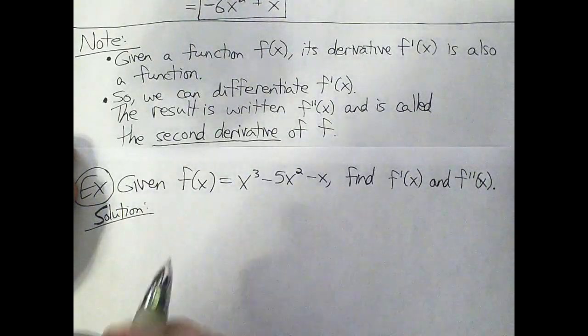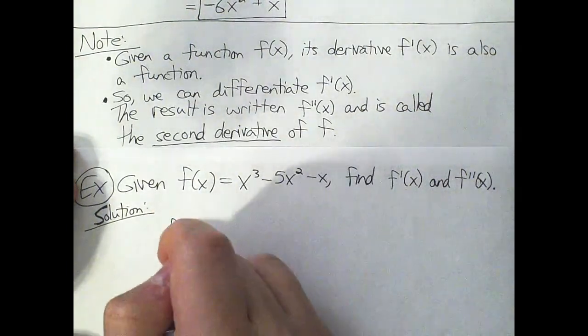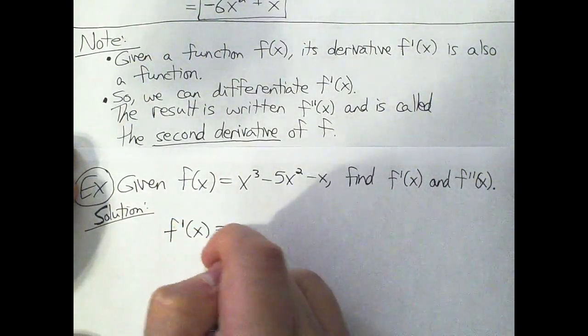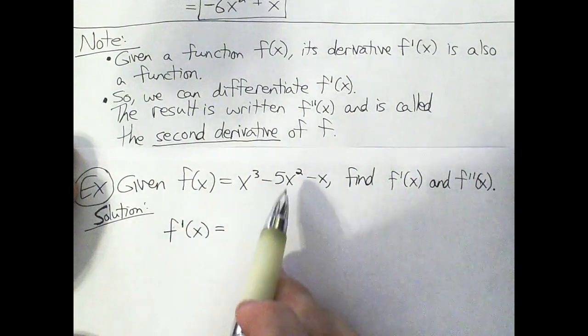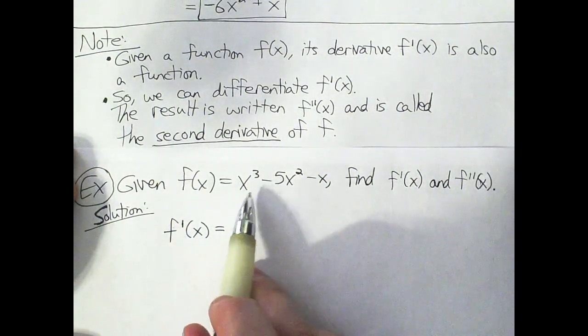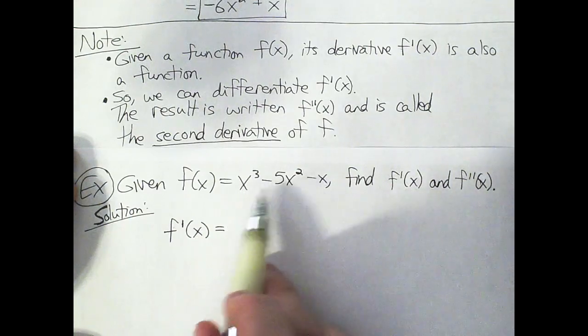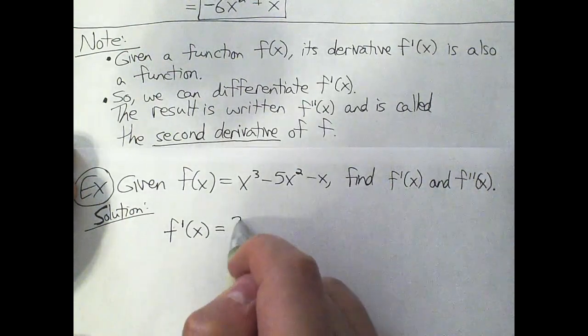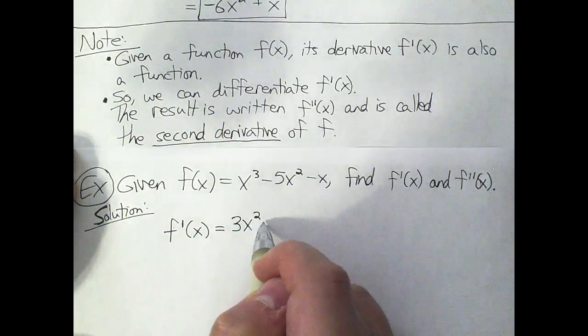And now that we've done a couple of these, I'm going to write less. I keep saying that you might be able to solve some of these in your head, so I'm going to do that for this one. Let's find f prime. So we'll just look at each piece. X cubed is going to give me 3x squared. Let's see.